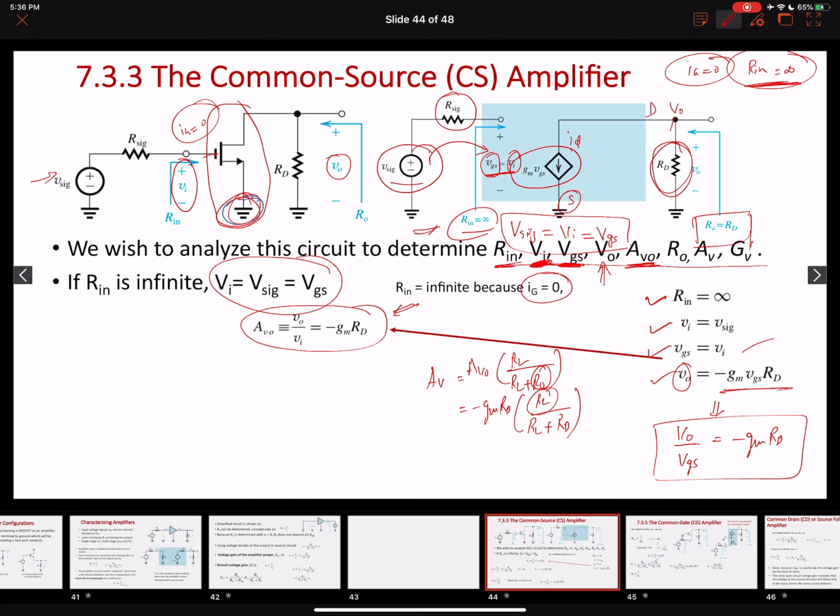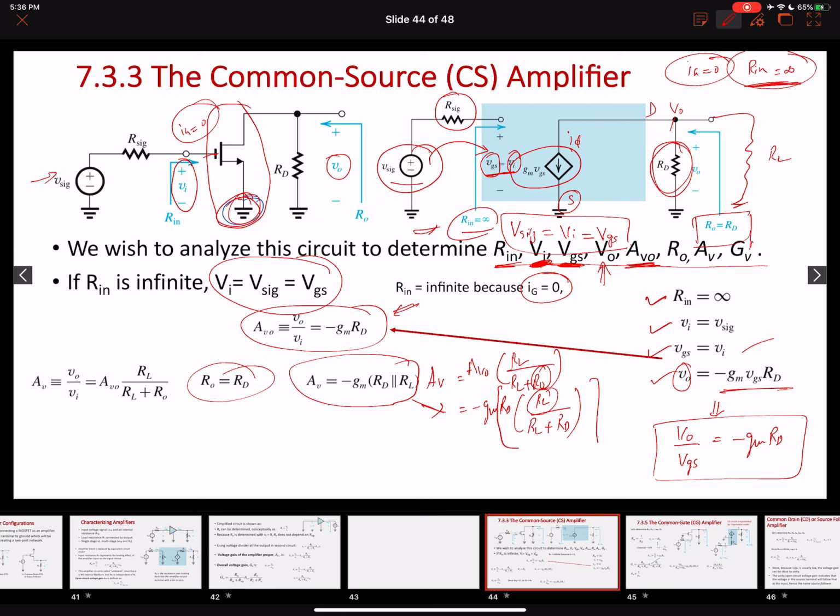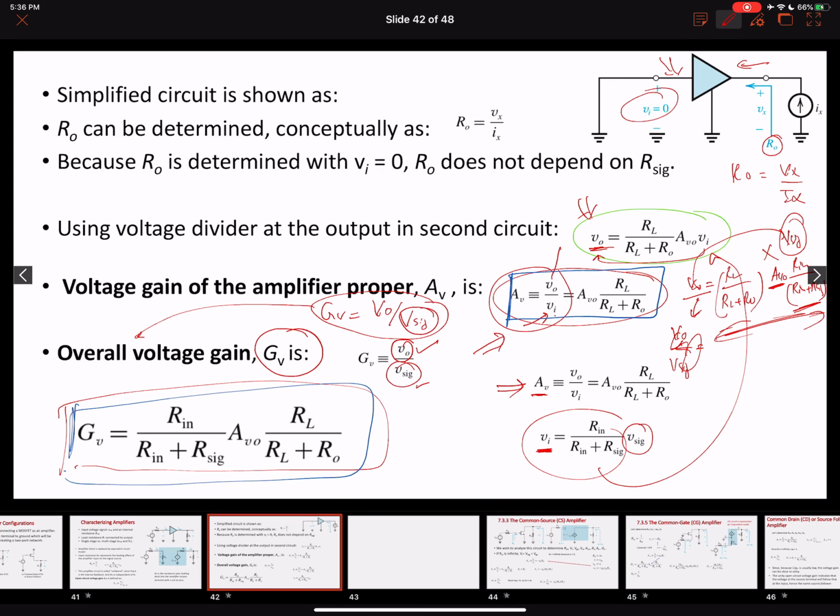Our load resistor appears in parallel with RD, so you can easily see RD into RL over RL plus RD, the RL and RD resistances appearing in parallel.